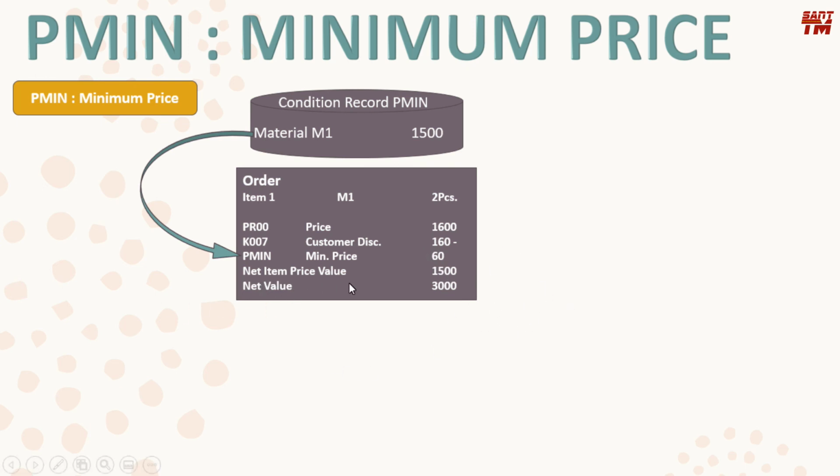So the net item price value will become 1500 and the net value will become 3000 because order is of 2 pieces. So this is how PMIN is being worked here. 60 euros is the additional cost that is added to these two conditions to get the minimum price of 1500 per piece, and for 2 pieces 3000.